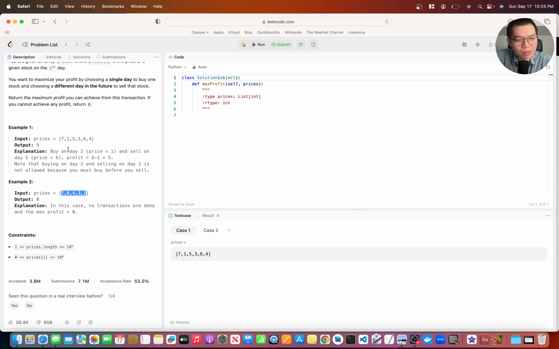Every time you encounter an increase, right? You have one day, and then a day that follows, if there's an increase in price, you calculate the profit and see if it's bigger than the previous maximum. If so, then you update the max until in the end you return the max.